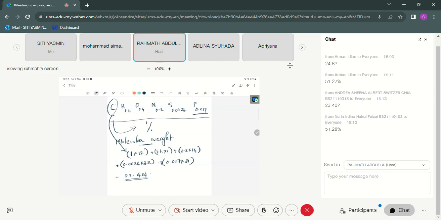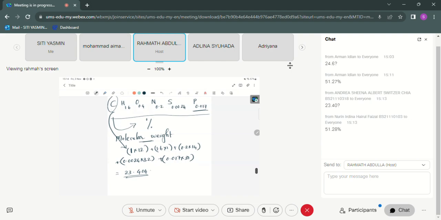Now, from this, you have to find out only the percentage of the carbon. Now, percentage of carbon: its atomic weight is 12, isn't it? So we just put 12 over the total molecular weight, which is 23.404.